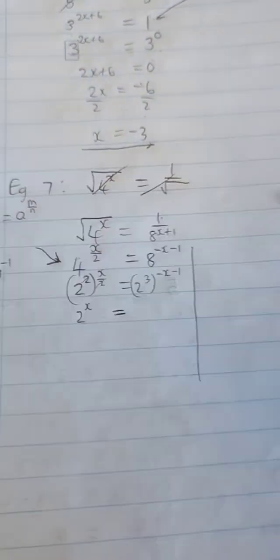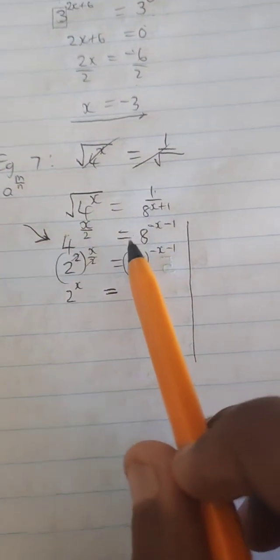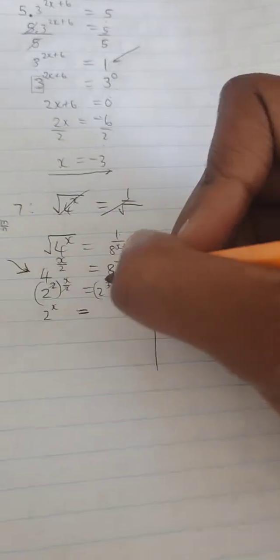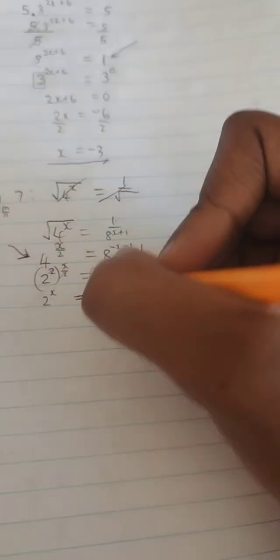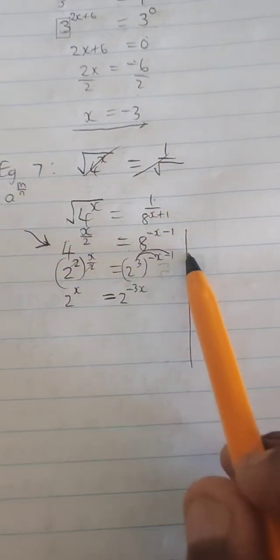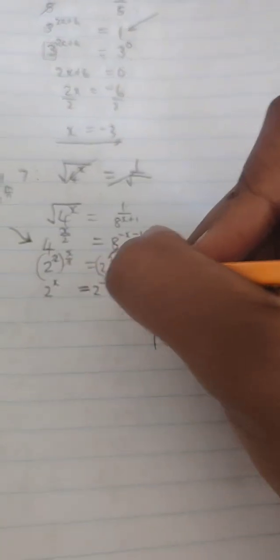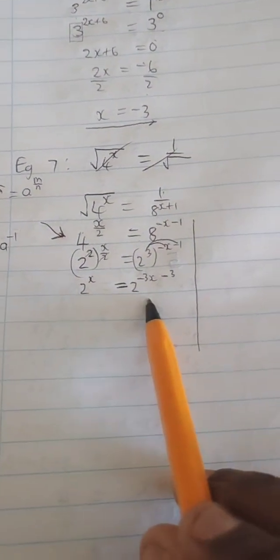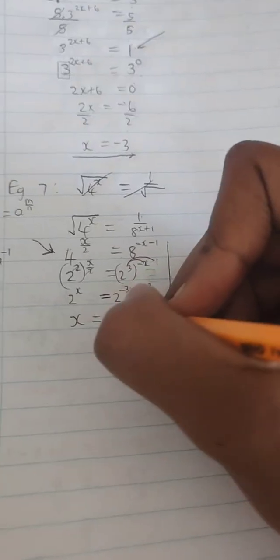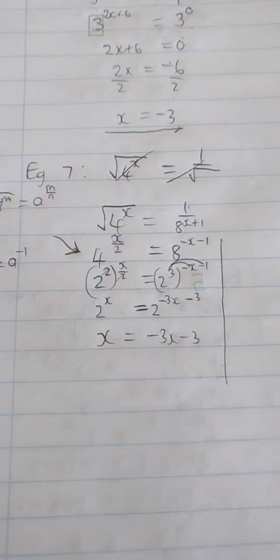Then on the right, you distribute the 3 to the 2 terms: 3 times negative x, 3 times negative 1. So 3 times negative x gives 2 to the power negative 3x, and 3 times negative 1 gives negative 3. Bases are the same, so you drop the base and equate the exponents.